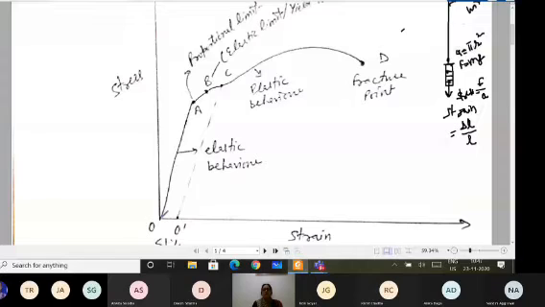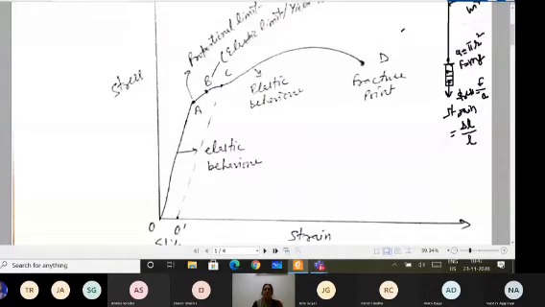So between O to A, and even up to a little before point B, if I remove these weights, the wire regains its original length. It means it is working within the elastic limit. That is why we call point B the elastic limit.